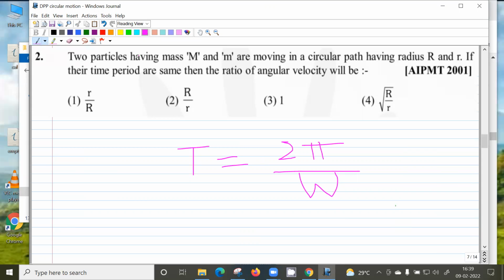Now we just have to find omega. So when the thing is moving in a circular path, if you draw the free body diagram, you can get the expression for omega. So in the free body diagram, what will be the forces?